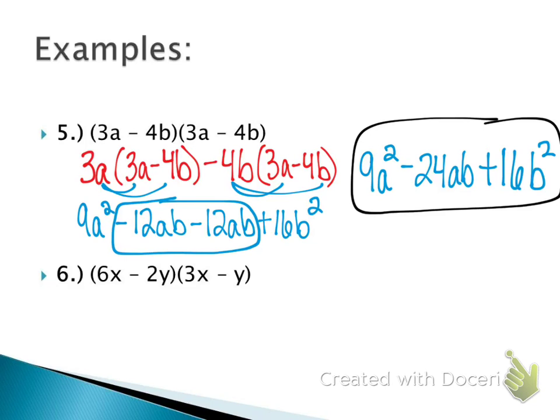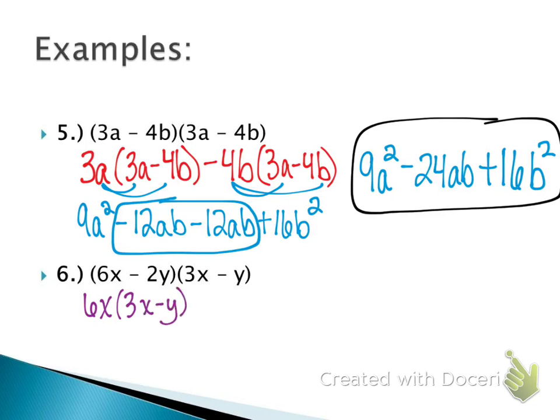On number 6, I need the first term from the first binomial. Jeriel, what is it? 6x. I have to multiply that by the second binomial. Ryan, what is that? Good, so that binomial is 3x minus y.